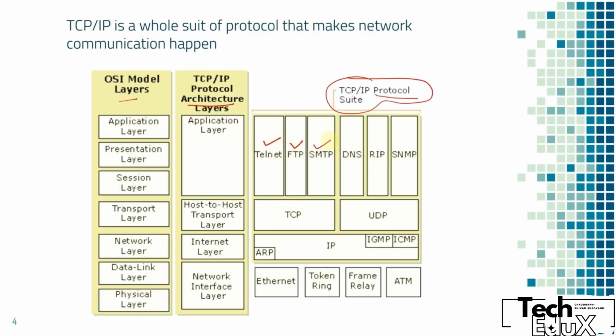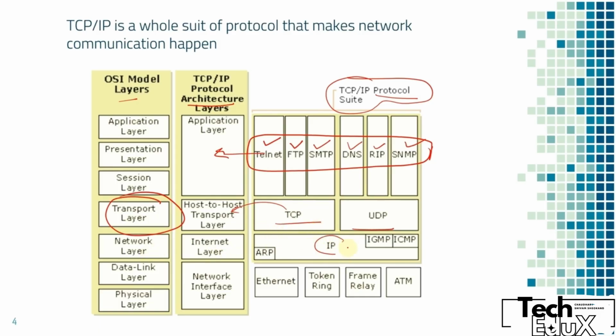But we have another model called the TCP/IP model or architecture. As you can see, the application, presentation, and session layers have been squeezed into one layer called the application layer. Then we have the transport layer, which is the same in the TCP/IP suite. It's called the transport layer as well.